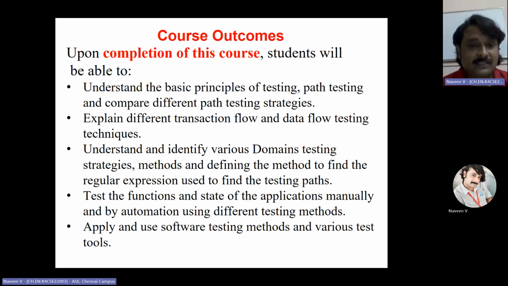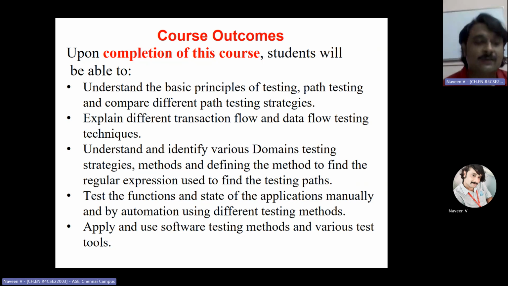The student will be able to test the functions and state of applications manually and by automation using different testing methods, and apply these software testing methods using various testing tools. So these are all the outcomes after the software testing course is completed.